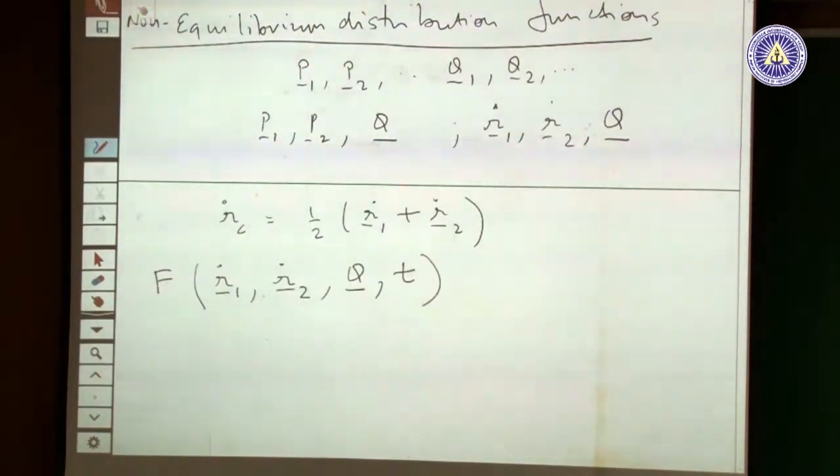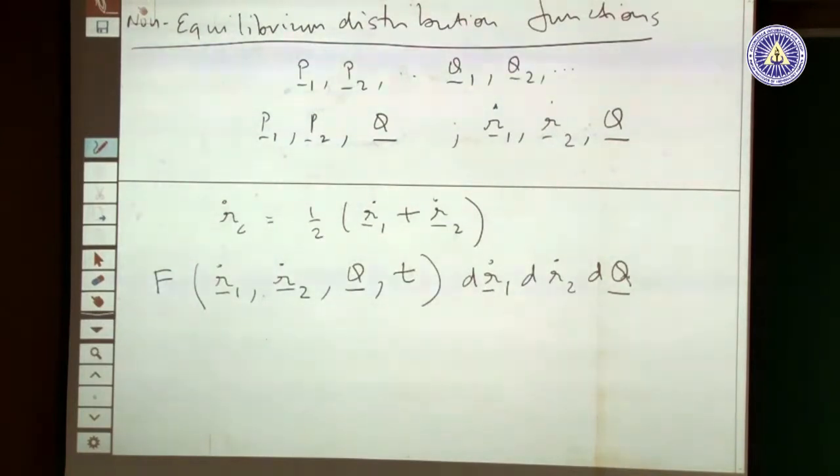So, if I were to multiply this by dr1 dot, dr2 dot, dq, this quantity gives the probability that bead 1 has a velocity r1 dot, bead 2 has a velocity r2 dot, and the connector vector q has a magnitude or vector given by q at time t, because it is non-equilibrium, it can evolve in time, right.